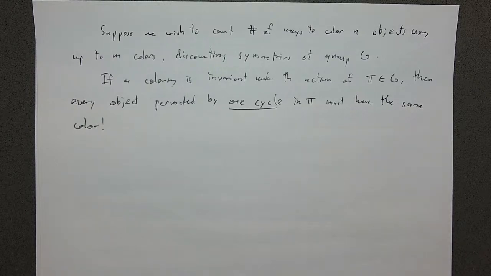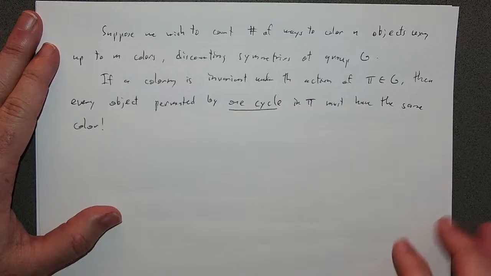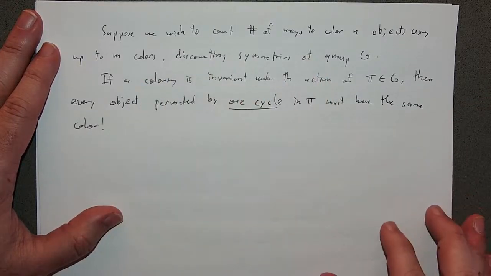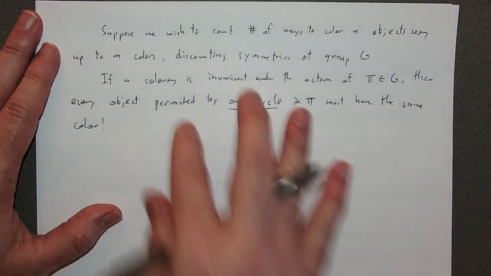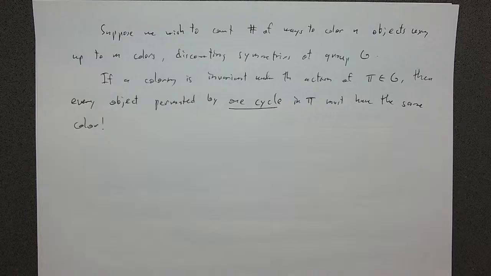So even that is a cycle. Think about if a coloring is invariant under the action, meaning it's fixed by the induced map. Then every object permuted by one cycle in this same permutation must have the same color. Because if it didn't, the coloring in question wouldn't be invariant with respect to that permutation.